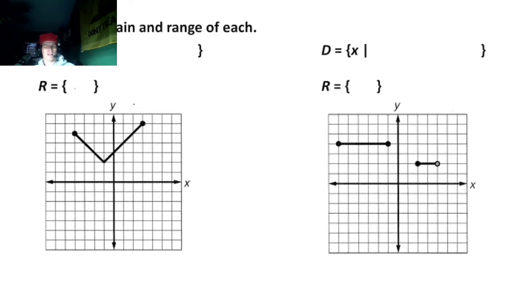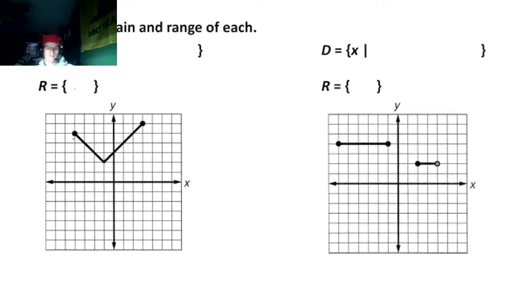All right, so next up, state the domain and range of each of these different piecewise functions, okay? Look here. You have that v, right? So that means you are going to have an absolute value inequality, okay? So this is just asking you to state the domain and range. It's not asking you to write a function rule.